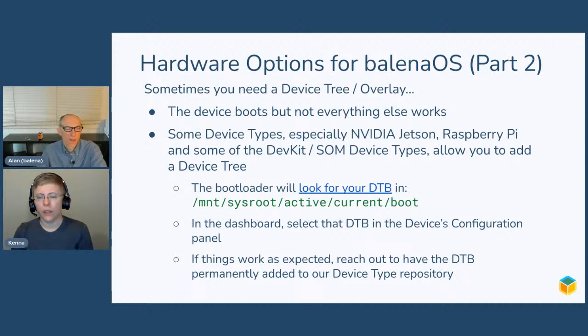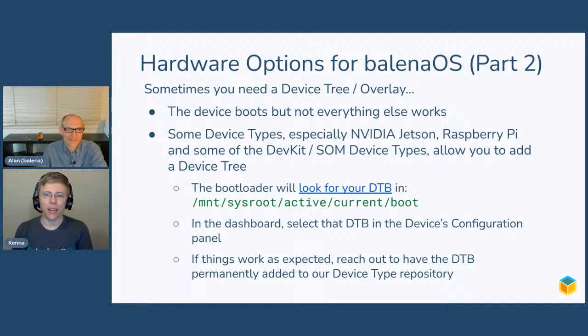And so you can add that file, select it in the dashboard for the device's configuration, and then, like with the kernel module, you'll test it, make sure it works as expected, and if it does, submit a PR to us to get that added going forward, so you always have it when you do a new host OS update. So it's another way to enable hardware that either may not look on the surface like it's supported out of the box, or it says it should be and isn't working correctly.